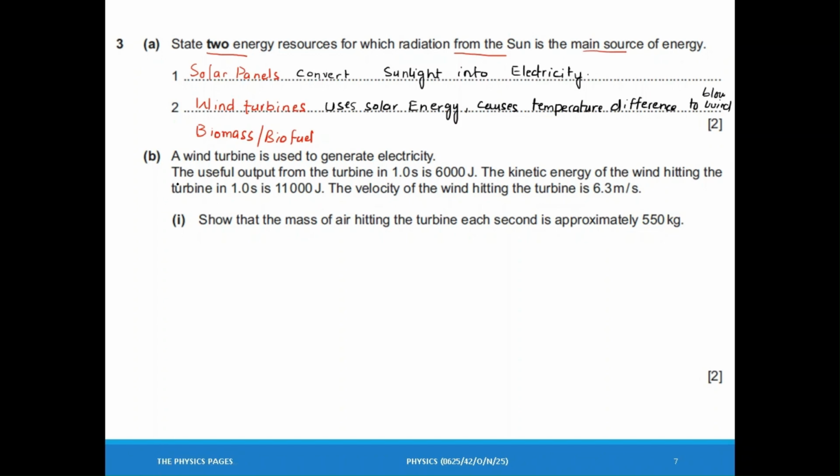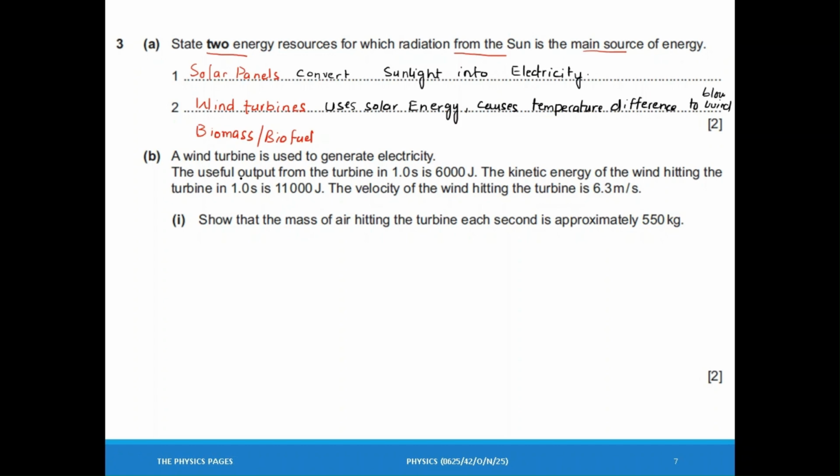Question number 3, part B. A wind turbine is used to generate electricity. Like I just told you, the wind turbine is converting solar energy that causes the thermal difference of temperature, and then the wind turbine works.